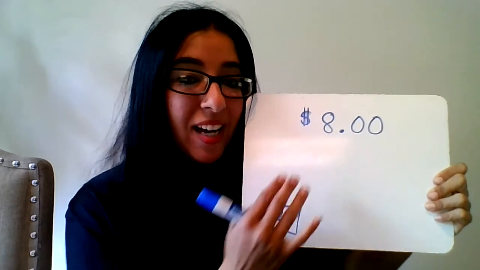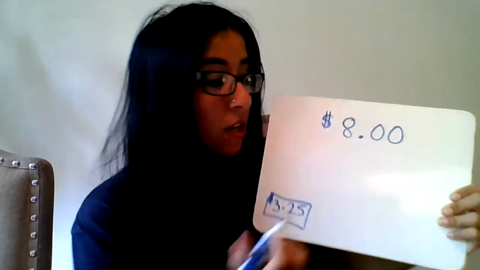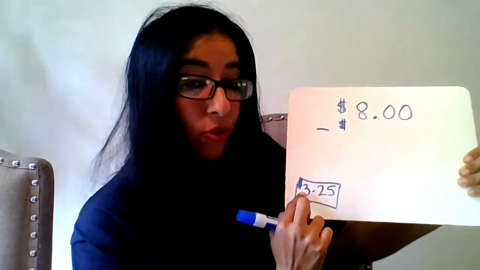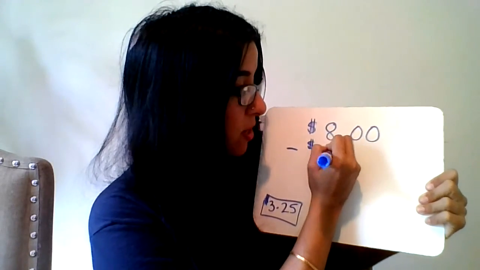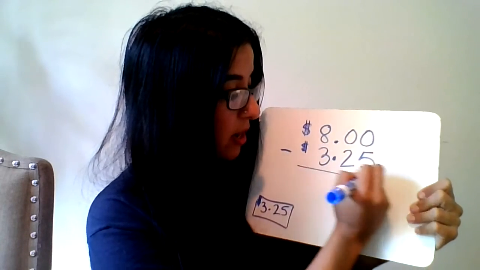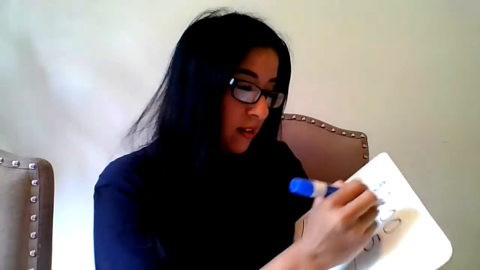So I'm definitely not going to add it to that because it's going out of his pocket. He has spent that money on food. So let's go ahead and subtract that $3.25. So my 3 is here and 25. Okay? And just as always, we'll make our column so that it's nice and clear.